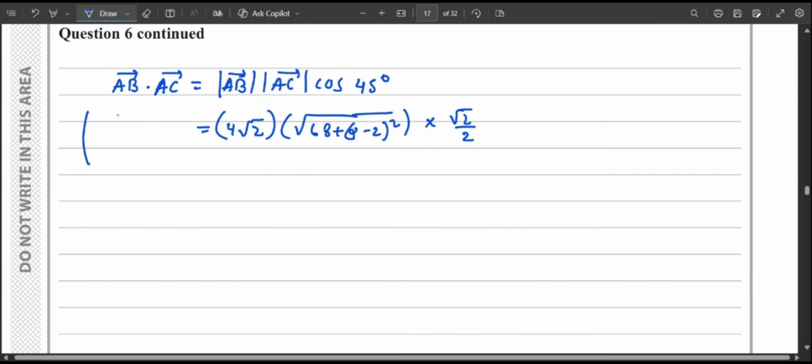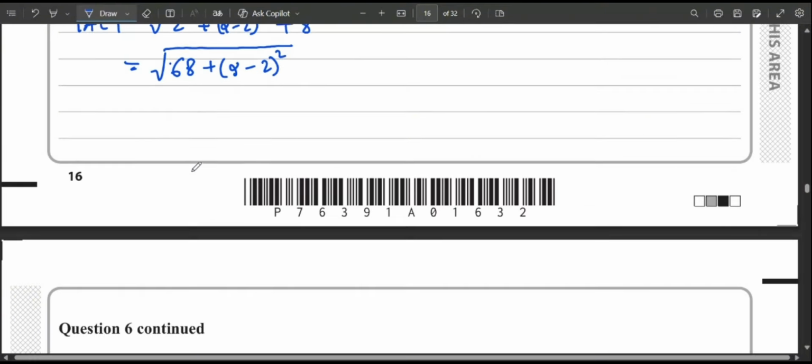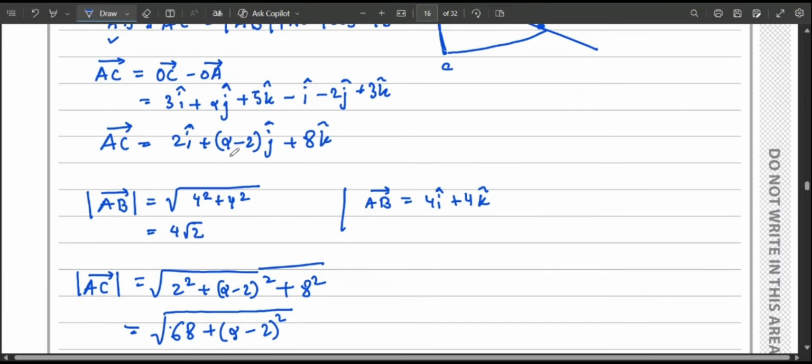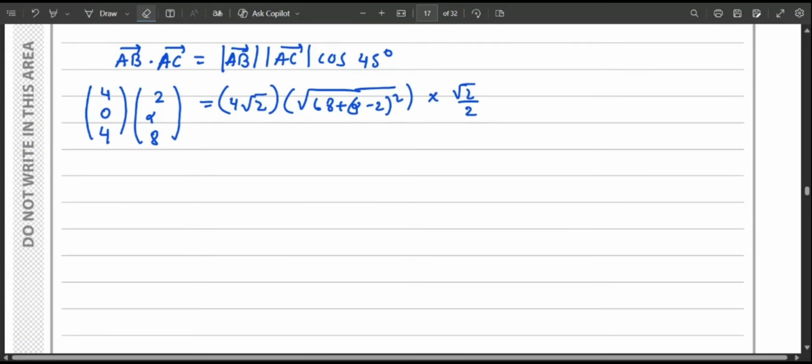So we can write the two vectors in vector form. We know that AB is equal to 4i, 0j and 4k. We know AC is equal to 2i, alpha j and 8k. So now we can multiply the corresponding values for the i, j and k vectors. This will give us a value for our dot product.